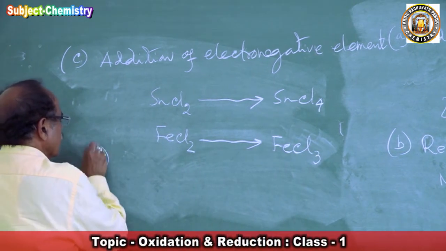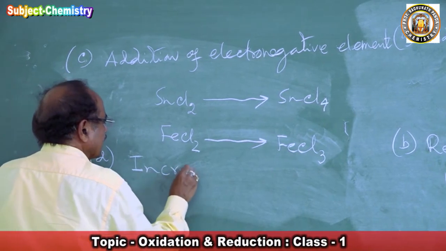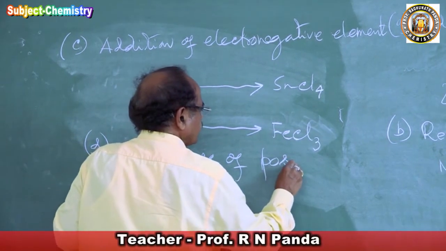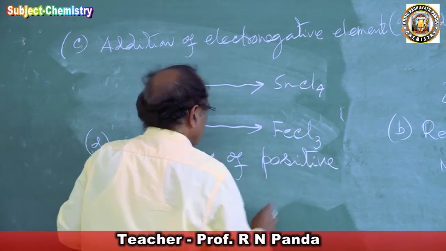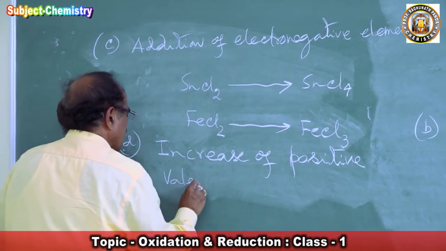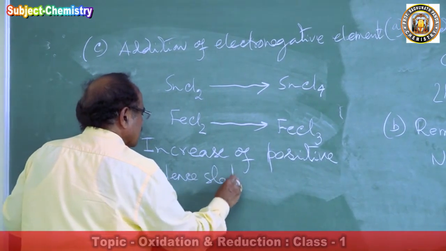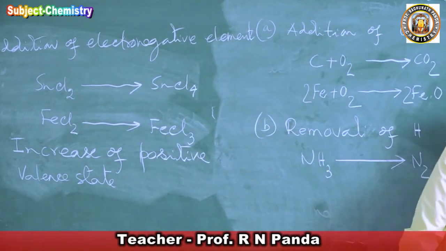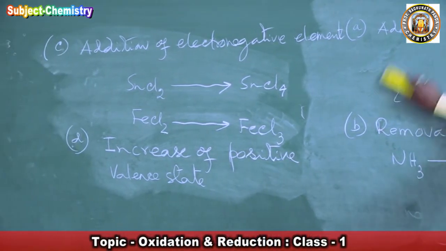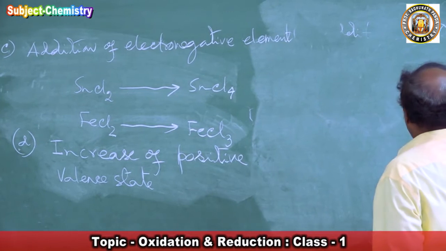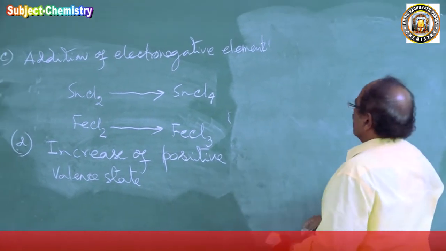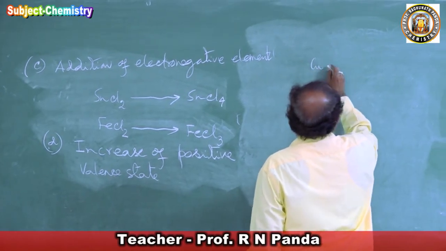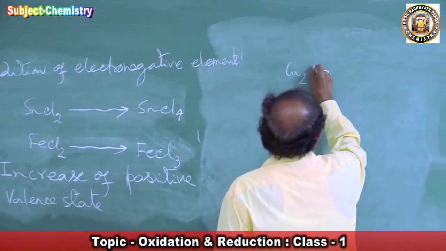Then next one, increase of positive valency state. In any reaction, if the positive valency state of a reagent, a substance, is increased, then we say it is oxidation. For example, we have cuprous oxide, Cu2O.